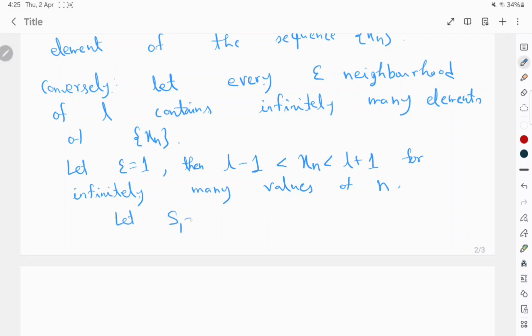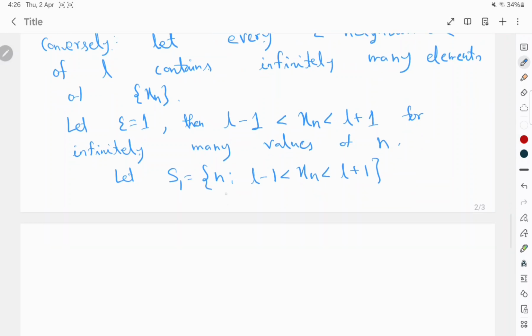Let S1 equal the set of n such that L minus 1 is less than xn less than L plus 1. So you are collecting the set of indices for which xn lies between L minus 1 and L plus 1. For example, suppose x3 is in this range, then 3 belongs to S1. If x7 is in this range, then 7 belongs to S1.